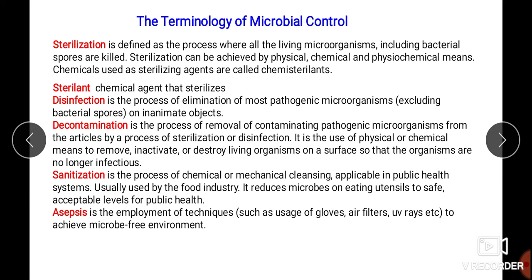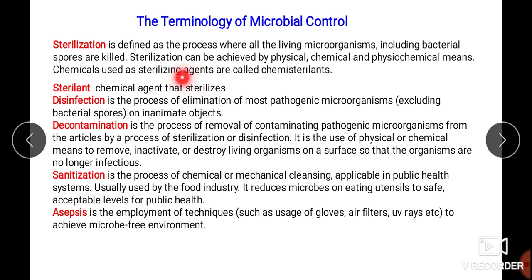The definition of sterilization: sterilization is defined as a process where all the living microorganisms, including bacterial spores, are killed. In this technique, vegetative cells as well as bacterial spores are killed.